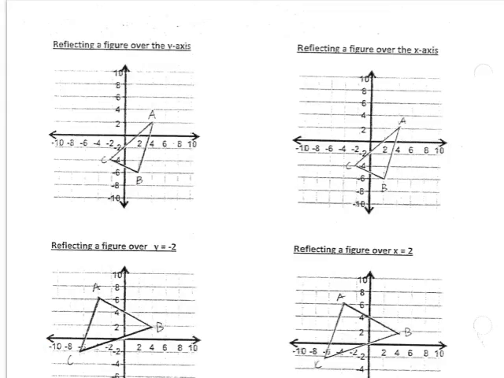On the back of your paper, there are some here for you to try on your own. I gave you a practice problem here. I'd like you to highlight or figure out a way to really draw attention to the y-axis for yourself in this problem, and go ahead and graph those A prime, B prime, and C prime points just like I had demonstrated in the previous 2 graphs.